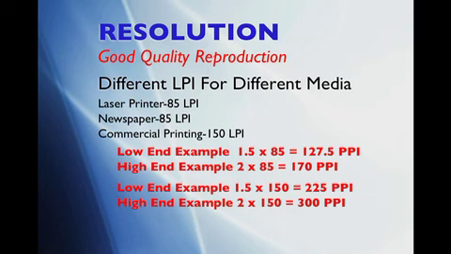In our town, the newspaper uses an 85 line screen, an 85 LPI again. And commercial printing, think of that as glossy, classy looking brochures and things of that nature, uses a much higher LPI.